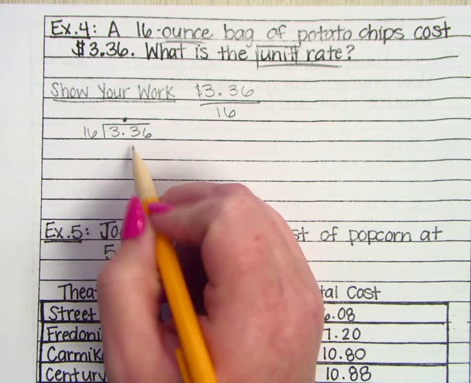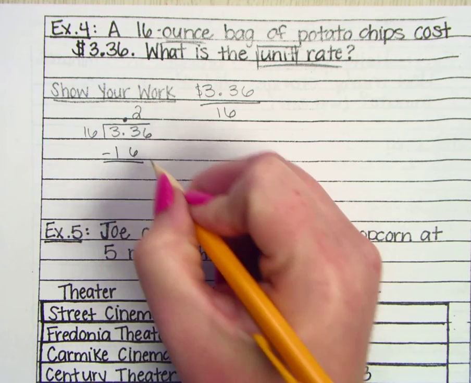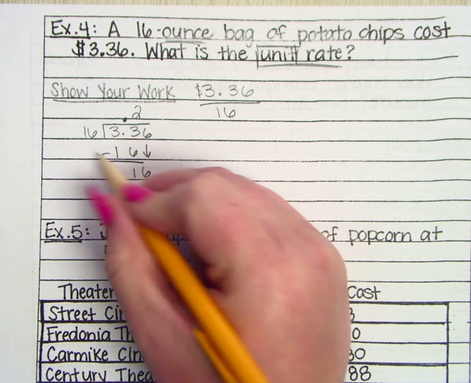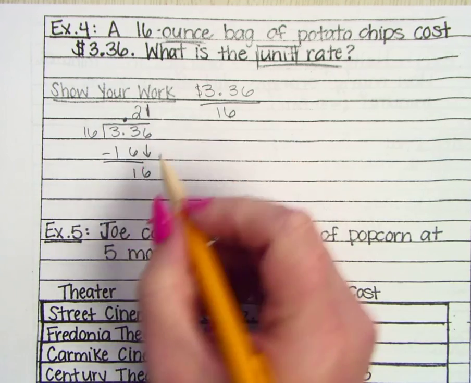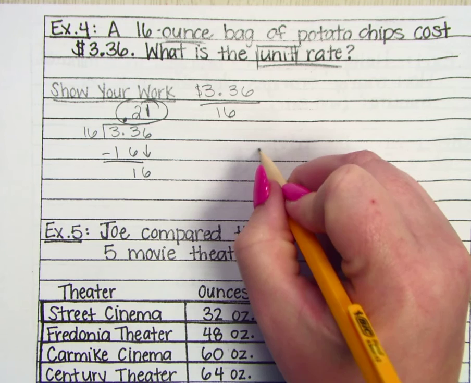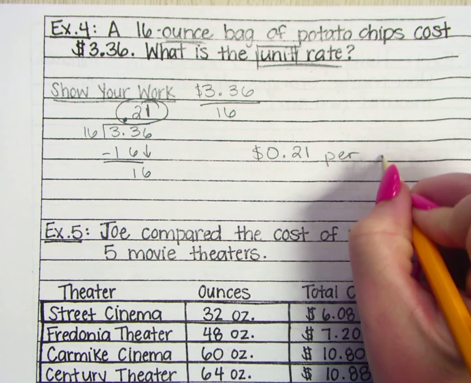So 16 will go into 33. Go 2 times, gives us 16. We subtract, and we get 1. Bring down our 6. 16 goes into 16 1 time. So right here is your unit rate. So it's going to cost 21 cents per ounce.